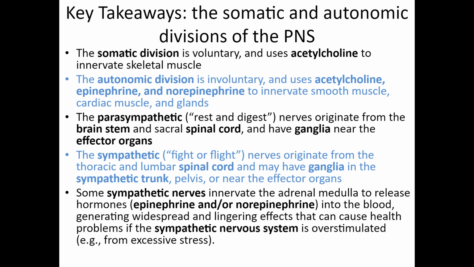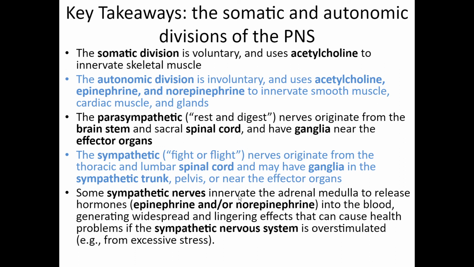Now, when we talk about the autonomic division, there's the parasympathetic, or rest and digest part of it, which originates nerves in the brainstem and the sacral spinal cord and has ganglia near its effector organs. Or you have the sympathetic division of the autonomic nervous system, that's the fight or flight one, where the nerves originate from the thoracic and lumbar spinal cord and may have ganglia in the sympathetic trunk, pelvis, or near the effector organs.